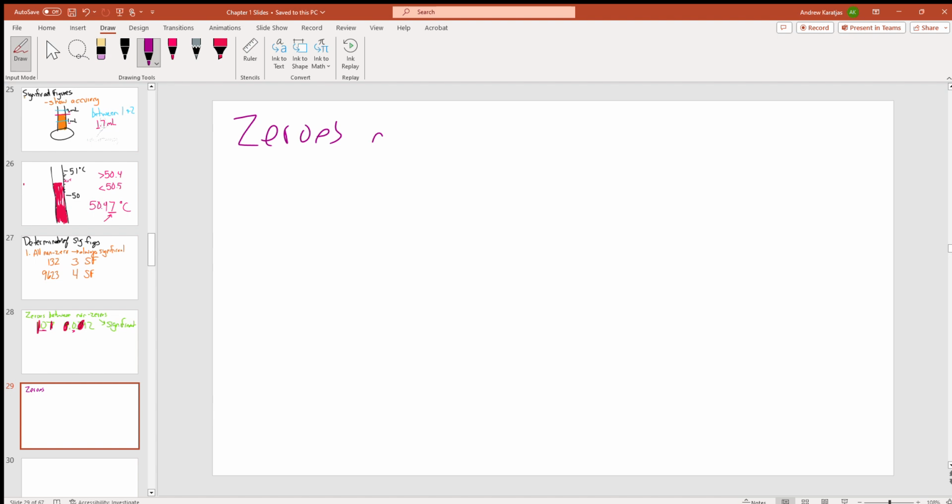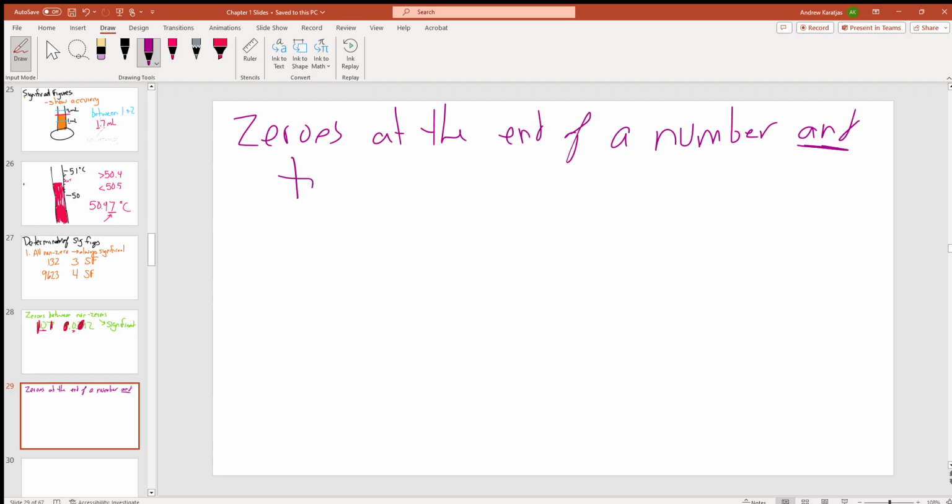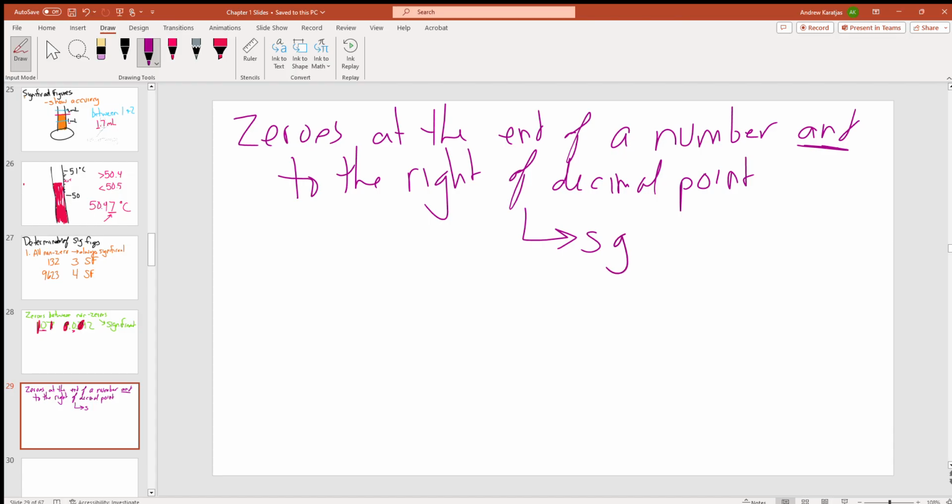Zeros at the end of a number and, this and is important, to the right of the decimal point are also significant. So 1.00.